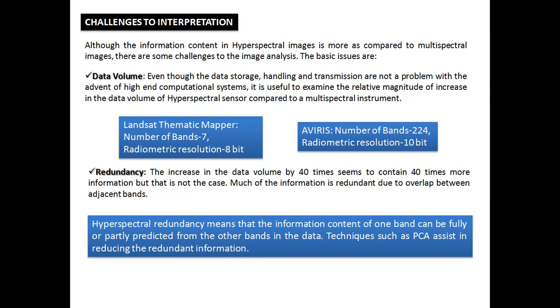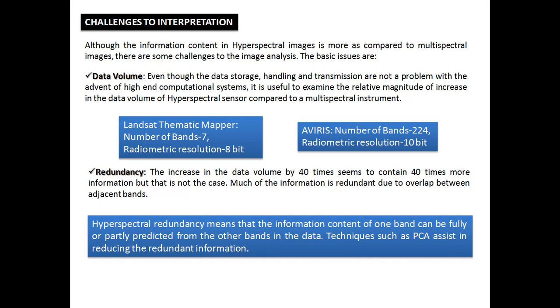As an example, in the case of multispectral, we can get information about vegetation from the near infrared band or the green band. For water, we can get the response from the near infrared band and also from the short wave infrared band.